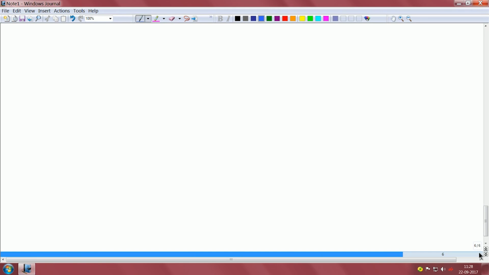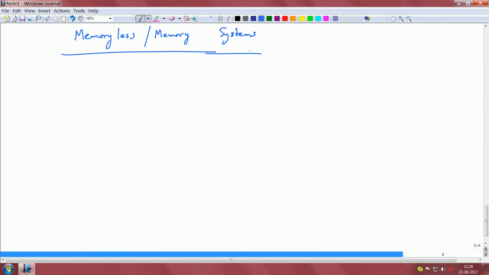Systems could be memoryless or they could have memory. So, what does this mean? Say if the output y of n depends only on the input x of n, then it is a memoryless system, because it is only depending upon the current sample and nothing in the past.